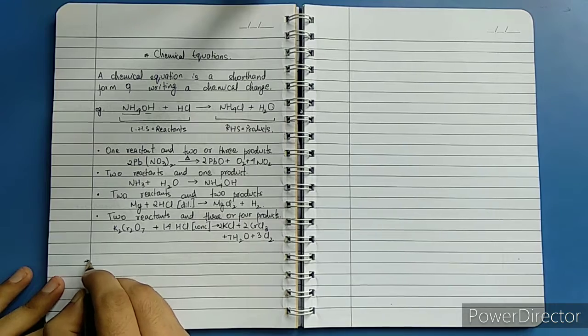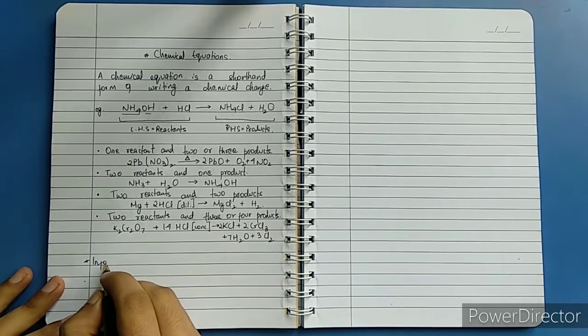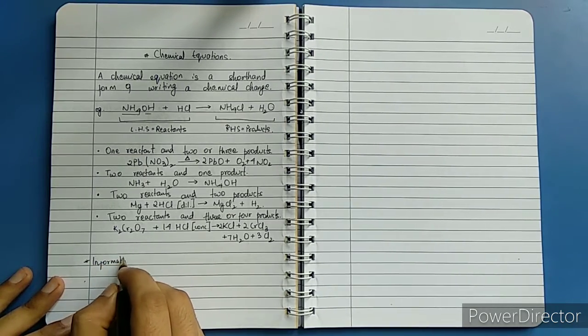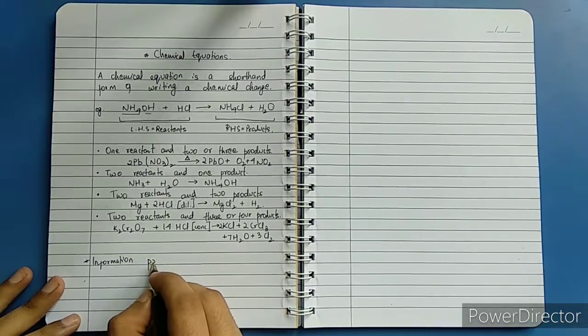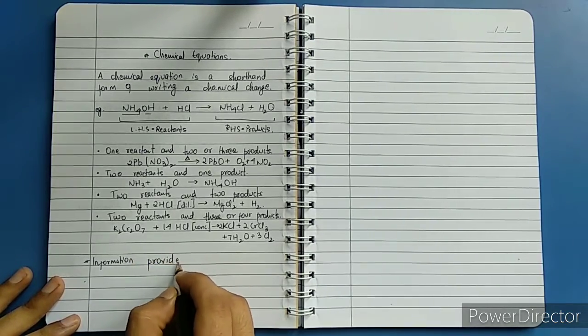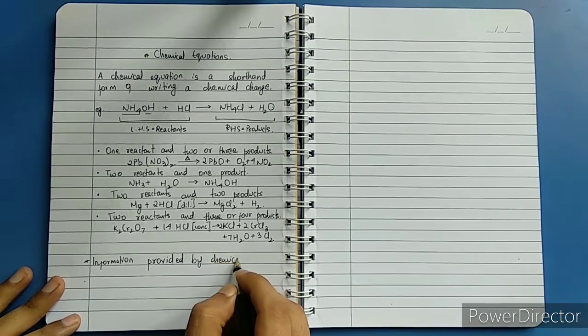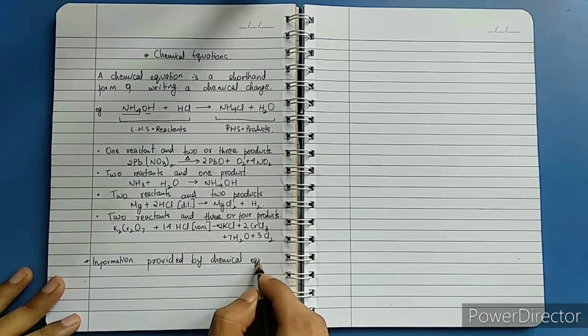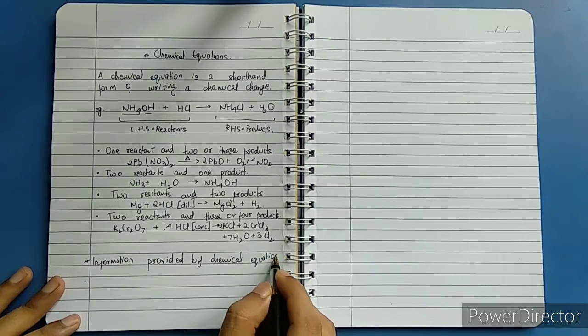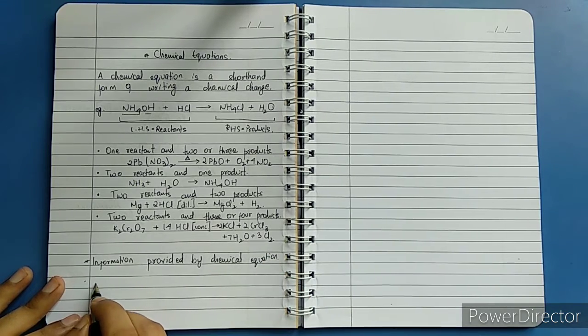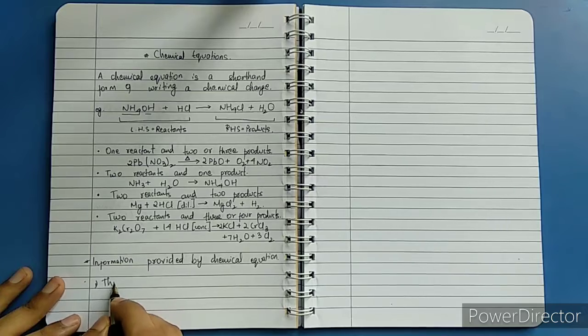Information provided by a chemical equation. First of all, it tells us about the chemical nature of the reactants and products.